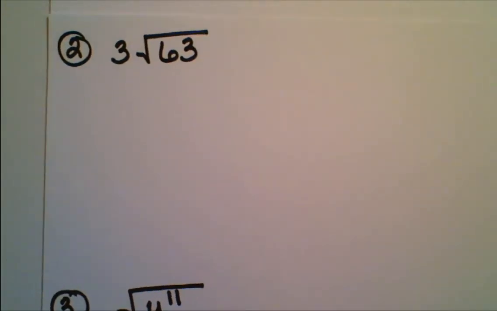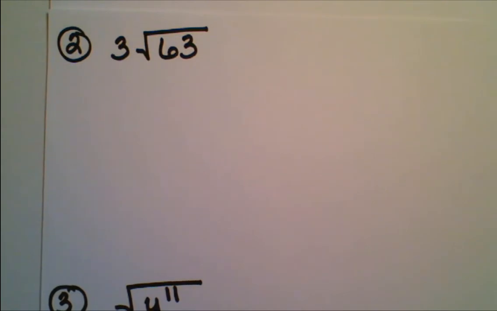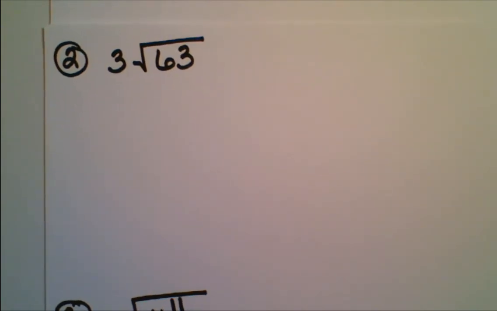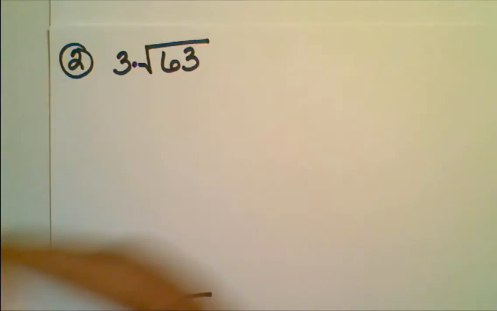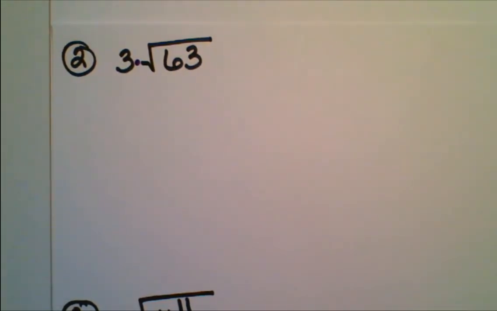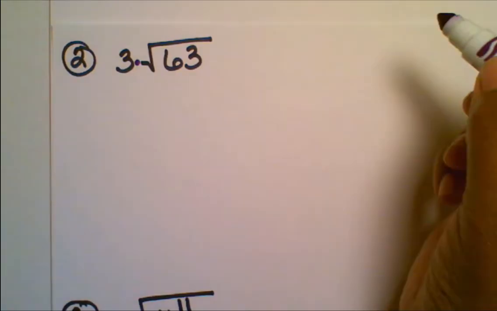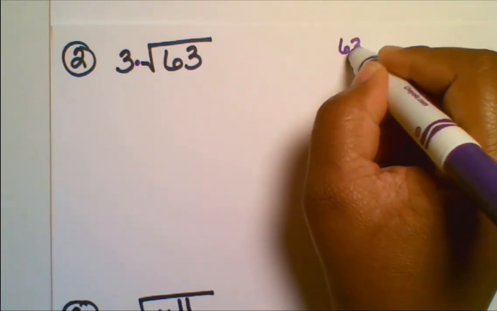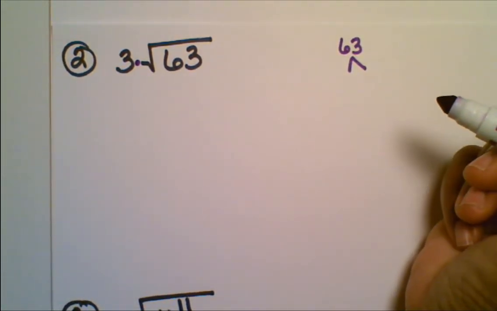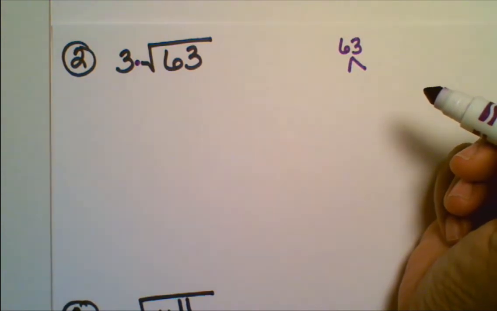Next example, we have here 3 times the square root of 63. So what we want to do is list the prime factors for 63.